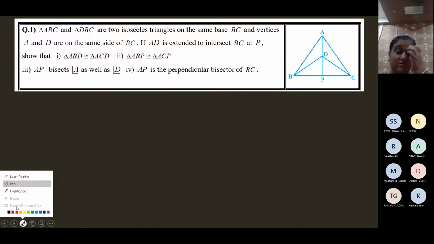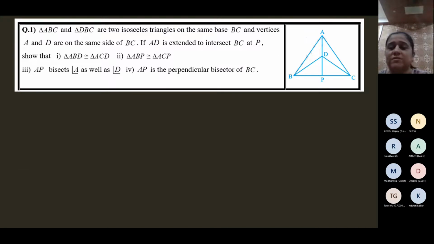So we have these results. If we want, we can use them later. Now that we proved that the two triangles are congruent, we have these results from CPCT. Angle 1 of this triangle is equal to 2 of this triangle. 3 of this triangle is equal to 4 of this triangle. 5 of this triangle is equal to 6 of this triangle.